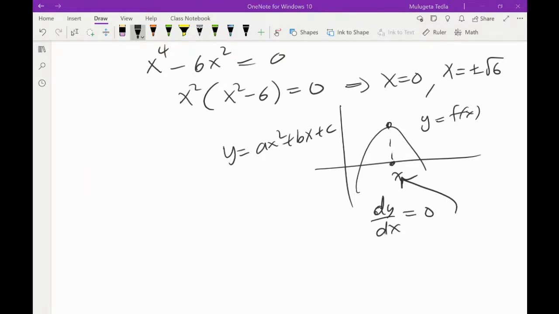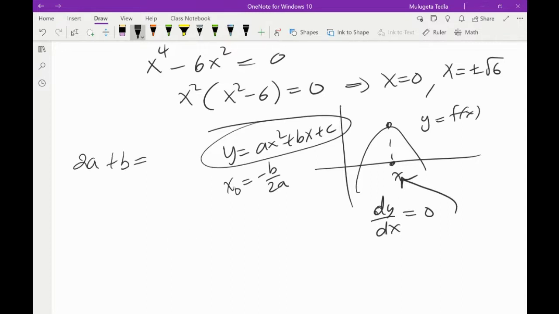Yes, you're right. So x0 is minus b over 2a, and we find the derivative, which is 2ax plus b equals 0. Then 2ax is minus b, and then x is minus b over 2a. That's right.